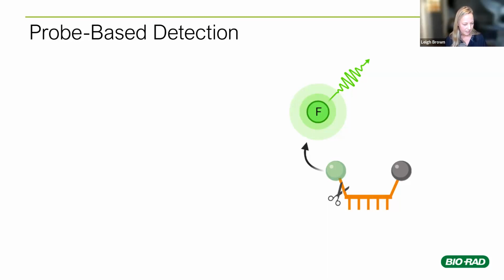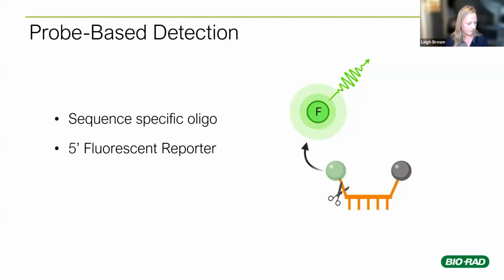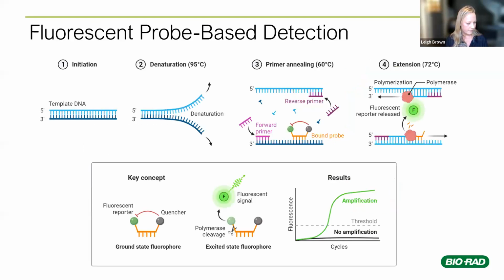So now let's take a look at what happens during amplification when the polymerase hydrolyzes that probe. It's going to break free the reporter, the fluorophore there, from the quencher, and then that will release fluorescence that can be detected by the real-time system.